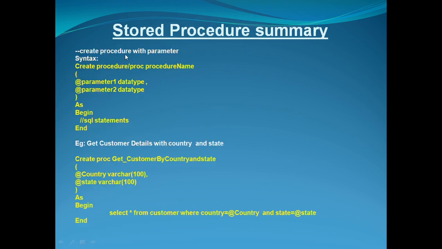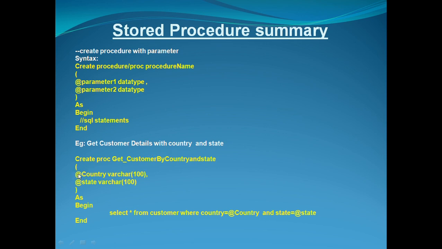How to create a procedure with a parameter? Then we can open the brace, and here the syntax is parameter 1 and data type, parameter 2 and data type, and we can close the parameter list. Just an example, we want to create a customer details procedure with country and state.